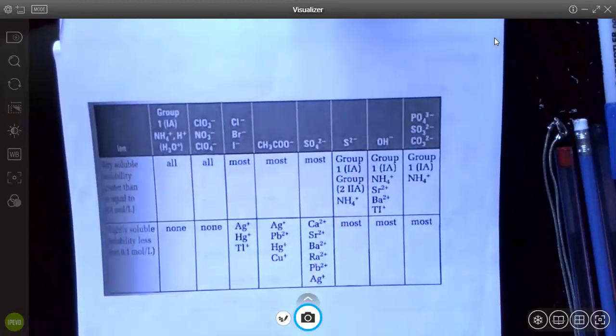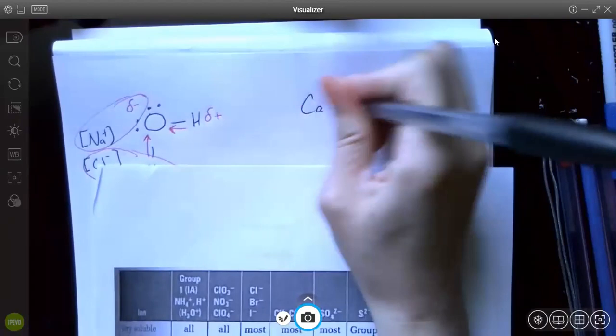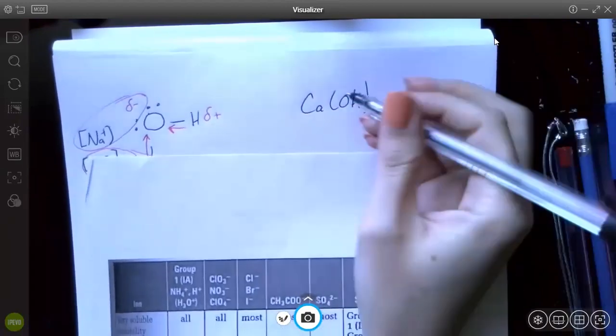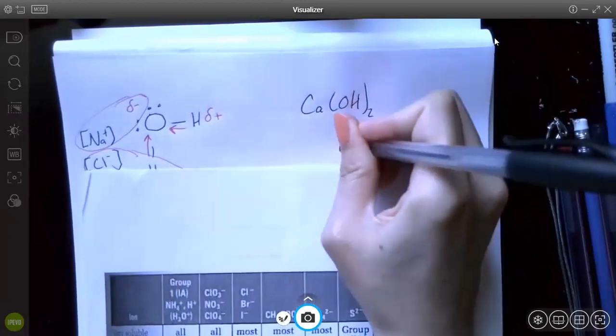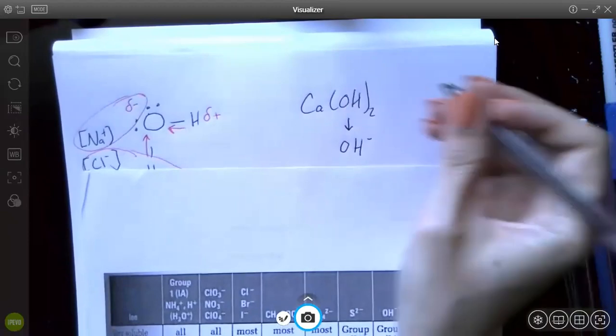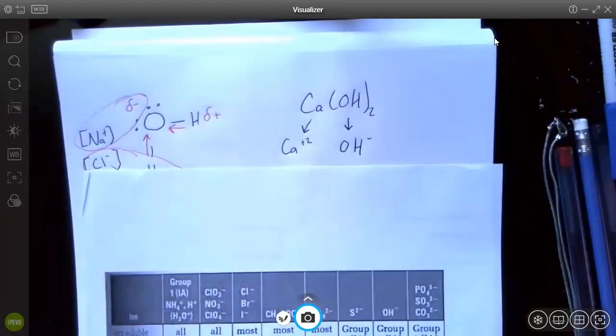If we look at another example, let's say calcium hydroxide. So that is CaOH2. Let's write that out. So calcium hydroxide. We would start by finding our hydroxide ion across the top because it is a non-metal. And then we would find our calcium ion underneath it.